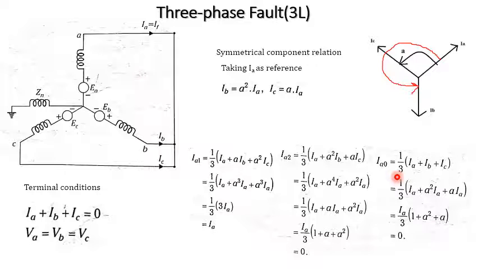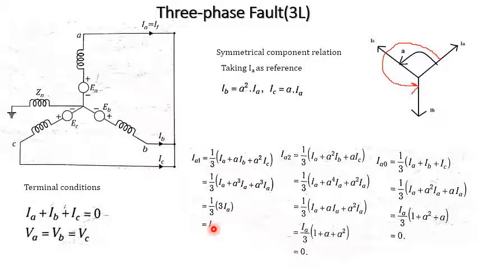Similarly for IA0, it is equal to 1 by 3 times IA plus IB plus IC. Already we know that the value of IA plus IB plus IC is equal to 0, which we got from the terminal condition. So we'll get 0. From these three equations, we can see IA2 is 0, IA0 is also 0, and only IA1 is present, which is equal to IA.